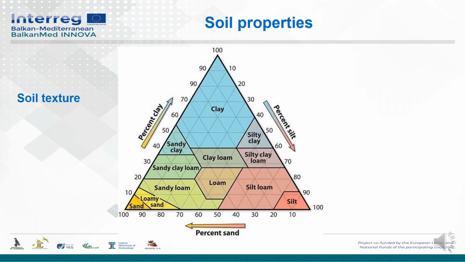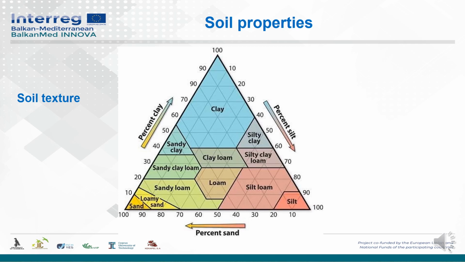Let's take another example. Let's take that we found 30% of clay. The same procedure, 30% of clay, so the other 70% is silt and sand. Let's suppose that we had 30% of sand, so 30% of clay and 30% of sand, see where they meet together.